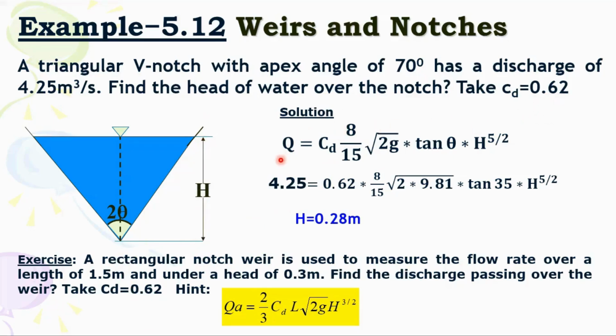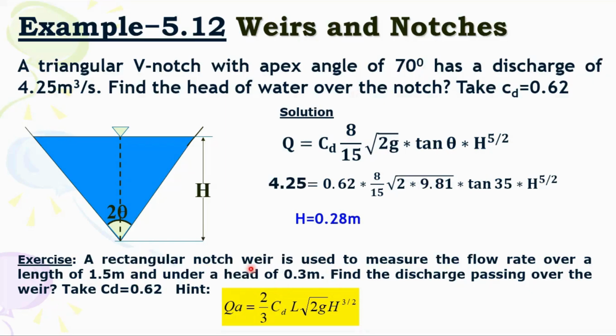You have this equation for the V-notch, triangular notch: Q equals C_d 8 over 15 square root of 2g times tan theta over 2 times h to the power of 5 over 2. So you simply substitute, then h will be 0.28 meter. So the head of water should be 0.28 meter to get 4.25 cubic meters per second.